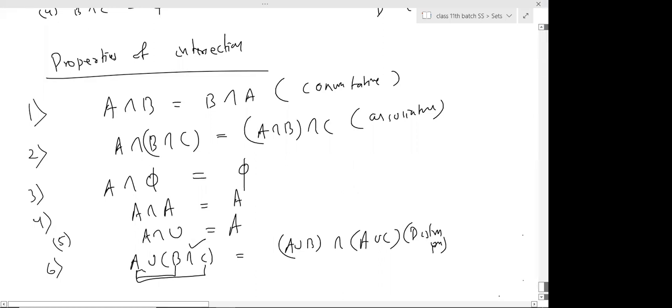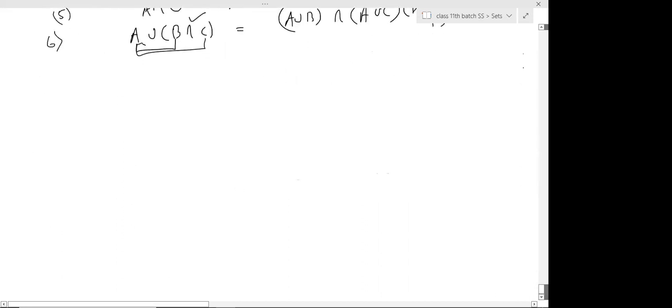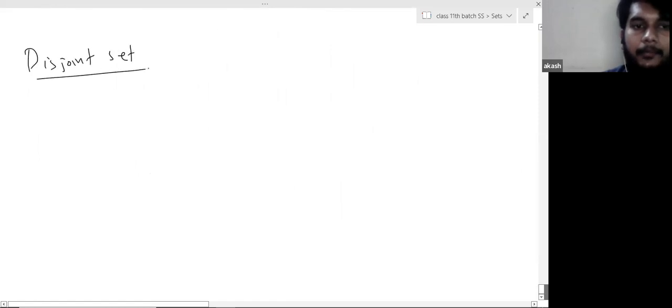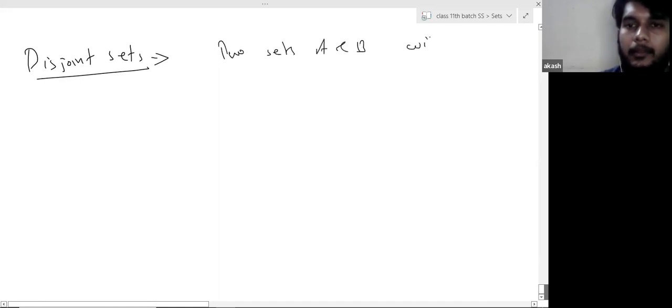Another kind of set is the disjoint set. Two sets A and B will be disjoint sets if A intersection B is phi.